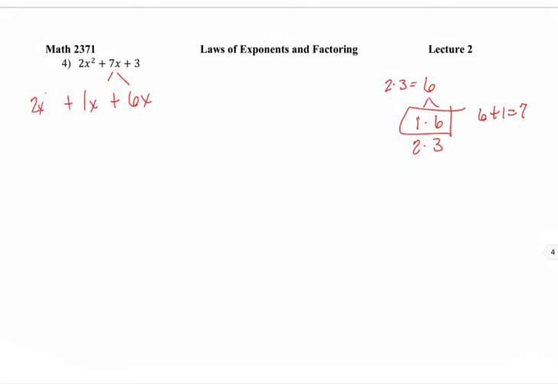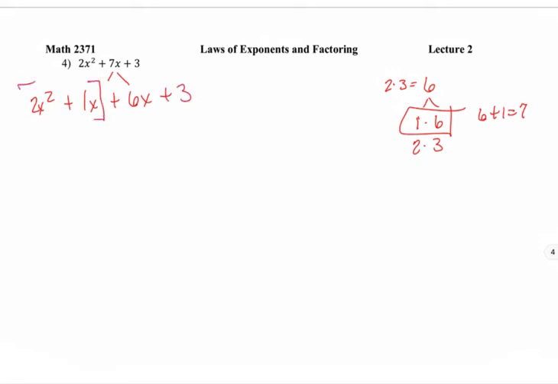All right, here is our first AC method. So 2 times 3 is 6. Factors of 6 are 1 times 6 and 2 times 3. 6 plus 1 is 7. I'm done, so I don't have to go any further. Now, the way that you break this up is I'm going to break 7 into 1x plus 6x. And I still have the 2x squared plus the 3.